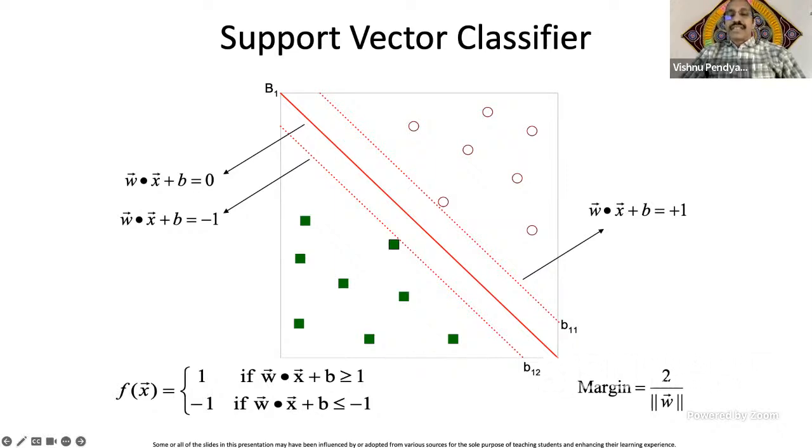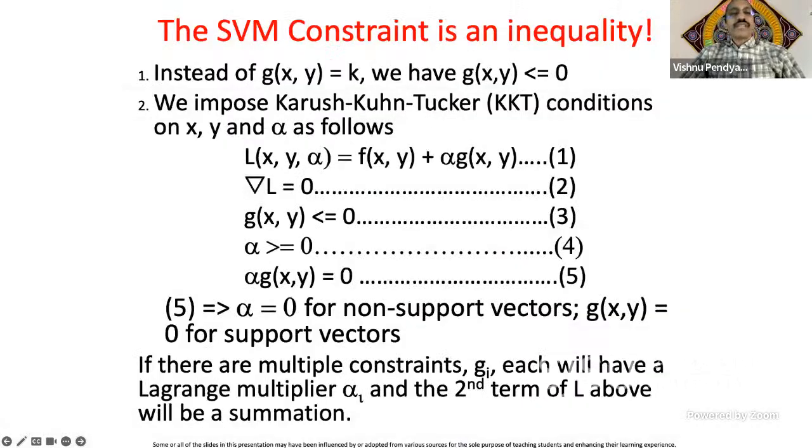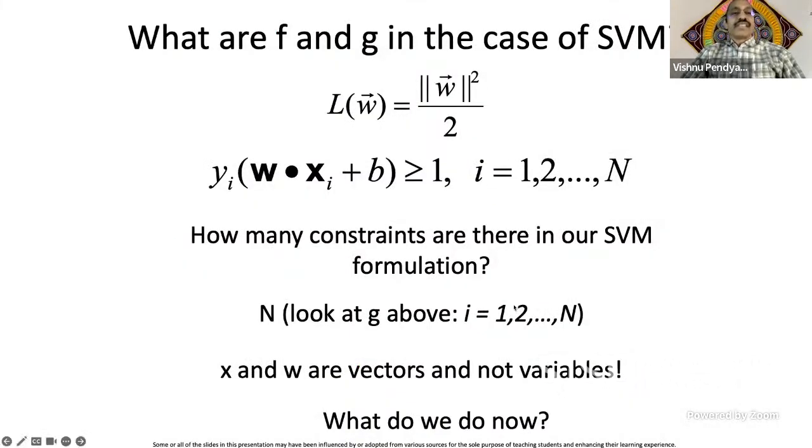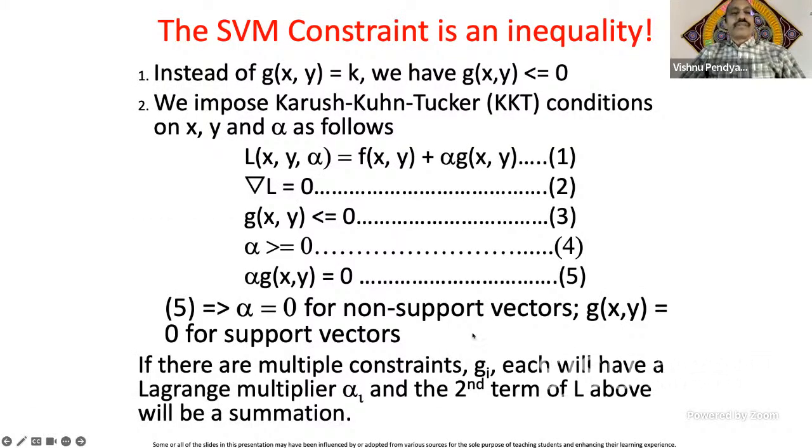So what does that tell you? It tells you that g of x comma y will be equal to 0 for the support vectors. So for support vectors, g is 0.